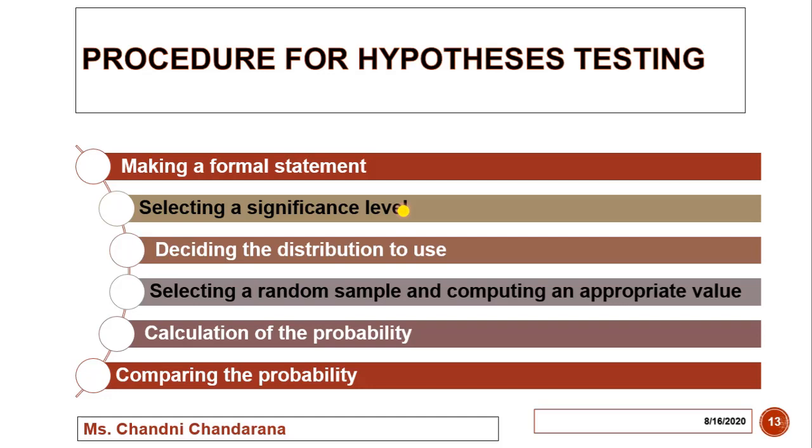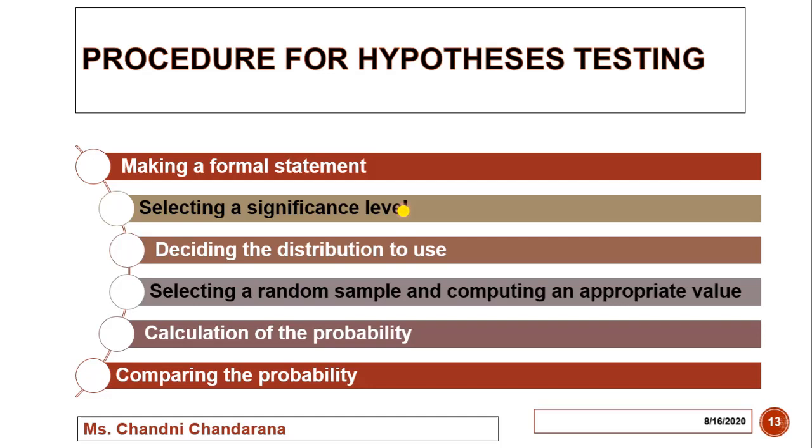Some factors affect the selection of a significance level, for example the size of the sample, the variability of measurement within the sample, and whether the hypothesis is directional or non-directional. This is also a consideration.